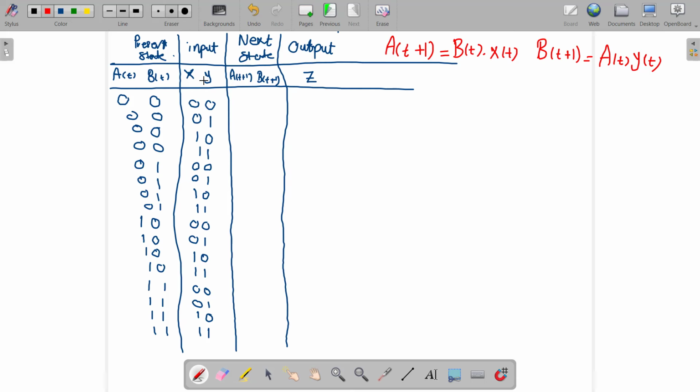Using these 4 columns, we can produce this one. Again, I will fill this table and will show you what we can use.